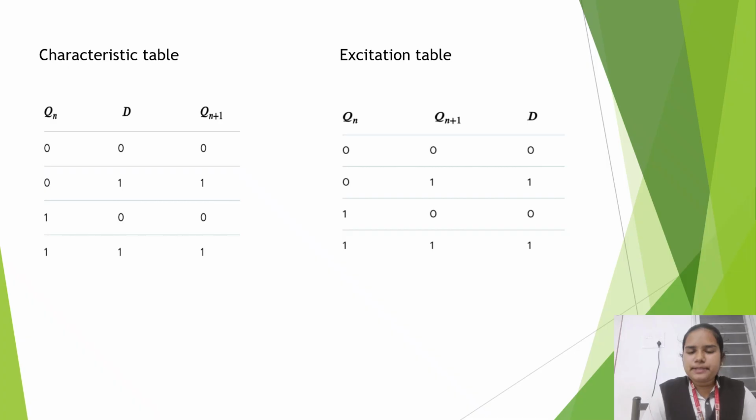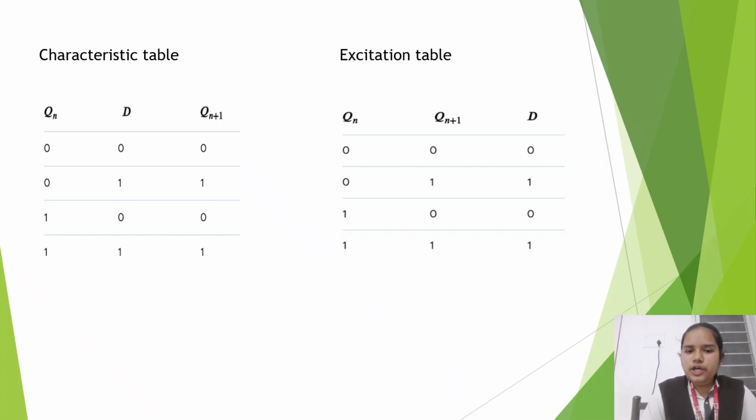Here Qn is the present state, Qn plus 1 is next state, D equals input. Qn equals 0, Qn plus 1 equals 0, D equals 0. Qn equals 0, Qn plus 1 equals 1, D equals 1. Qn equals 1, Qn plus 1 equals 0, D equals 0. Qn equals 1, Qn plus 1 equals 1, D equals 1.